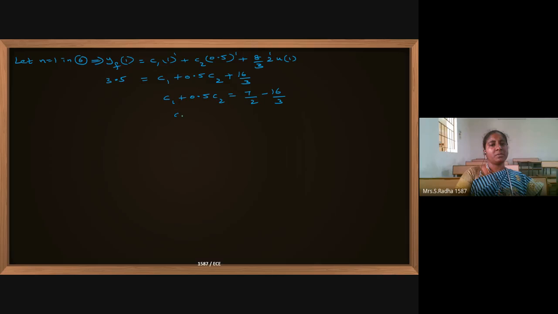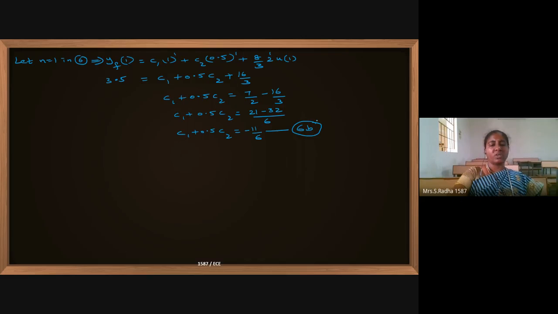If you make LCM as 6, 21 minus 32, so C1 plus 0.5 C2 is minus 11 by 6. I am making this equation number 6b.